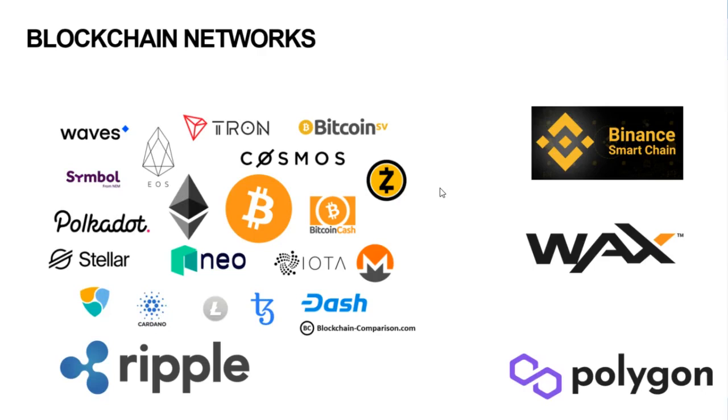These are examples of popular blockchain networks, but a lot of them are cryptocurrency related: Polygon, the Wax blockchain, Binance Smart Chain, Bitcoin itself, Polkadot, Stellar, Ripple, Litecoin, Tezos. They're not just cryptocurrencies, but frameworks you can use as a layer for data storage, transfer of information, and saving information.